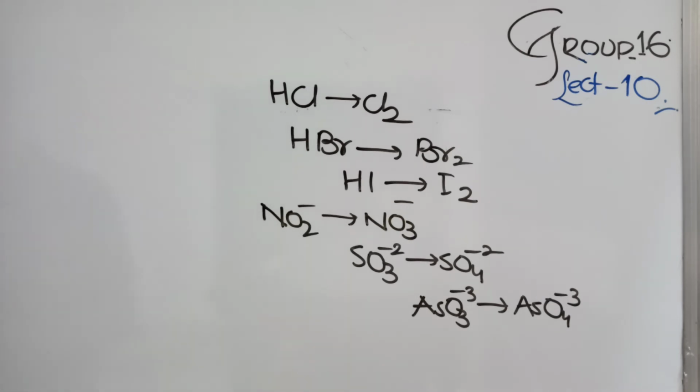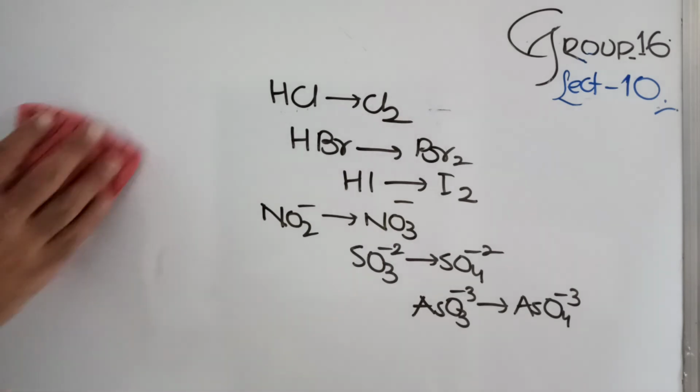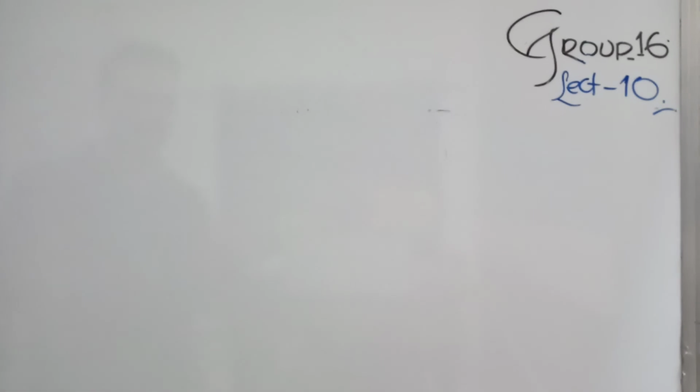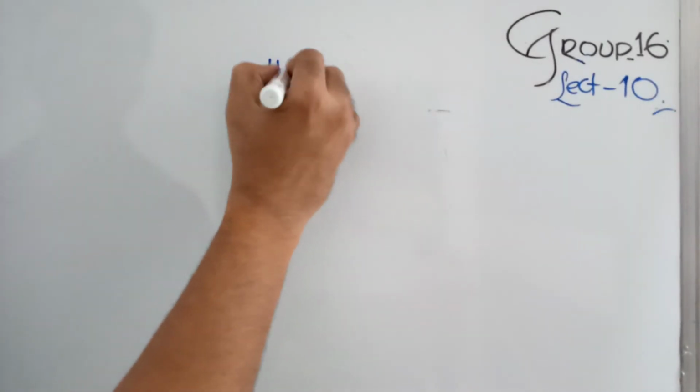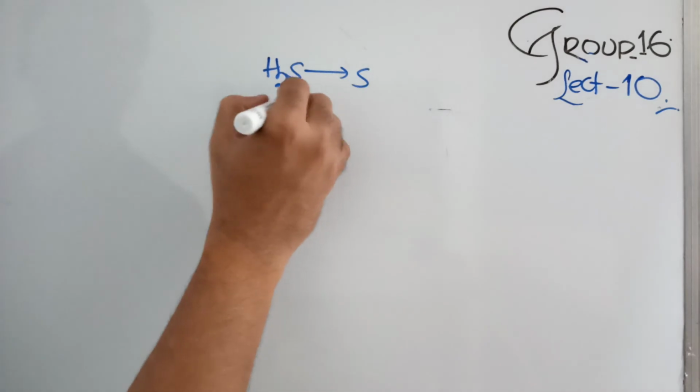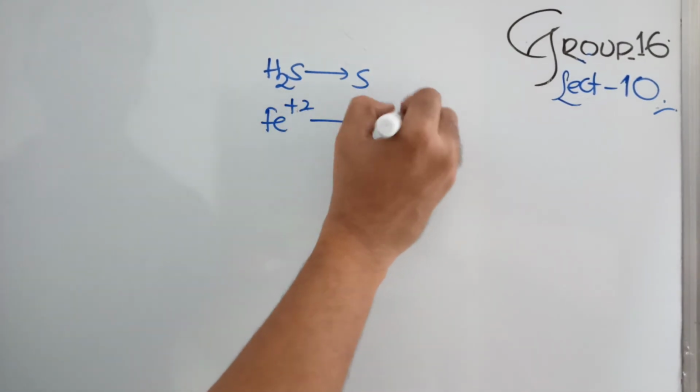Other reactions, if you see, what are other reactions possible? In other reactions, how is it functioning? H2S is oxidized to sulfur. You can expect this reaction. Ferrous is oxidized to ferric, Fe+3.